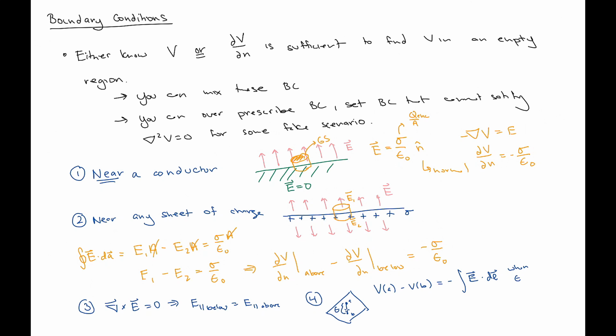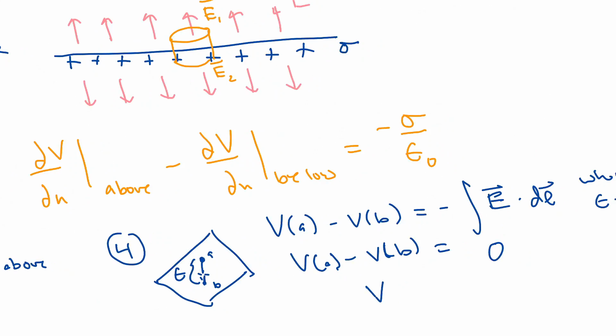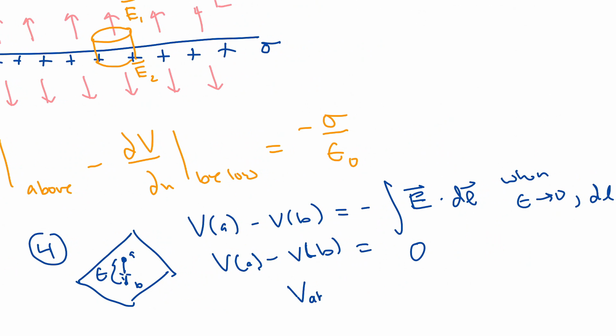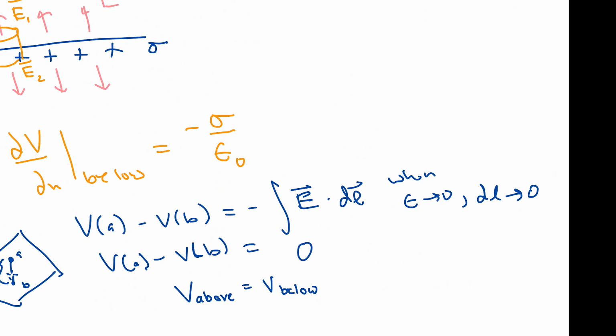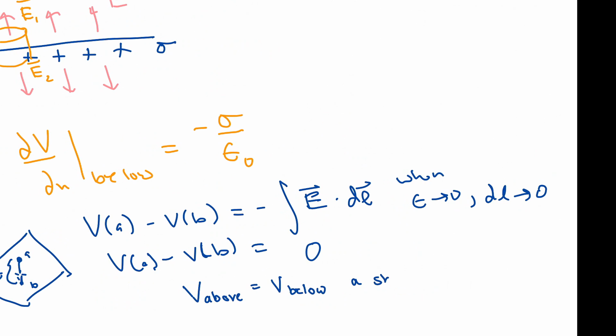If I take that epsilon to 0, then dl will also go to 0. This whole side will go to 0. And that basically tells me that near a sheet of charge, the potential is continuous, which is to say, I'm running out of room here, sorry, it's the same just above and just below a sheet of charge.